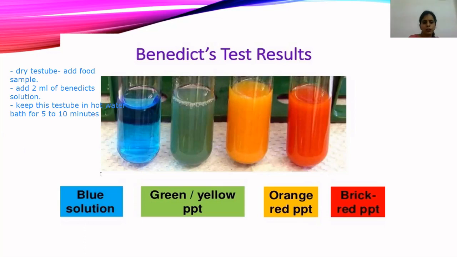If the solution color remains blue as such, that means reducing sugar is absent. And if you get any color out of green, yellow, orange or brick red precipitate, that means the food sample has reducing sugar in it.